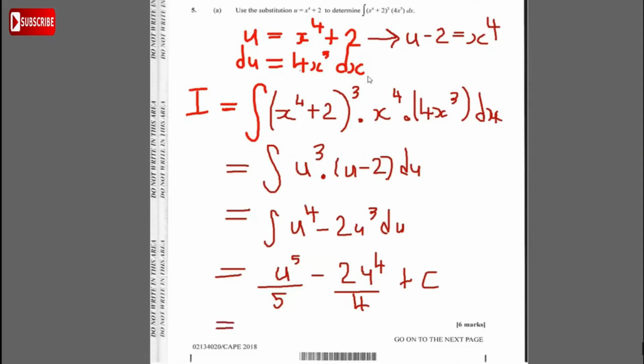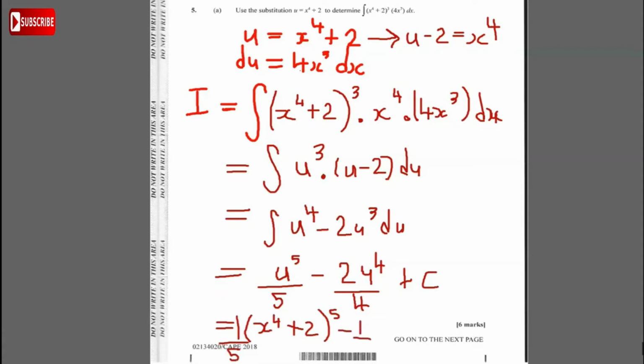What was u? u is x to the 4 plus 2. All of this works out to be x to the 4 plus 2 raised to the 5th power, and instead of saying divide by 5, I'm going to put 1 over 5 on the outside. So it's 1/5 of this, minus 2 over 4, which is really a half.